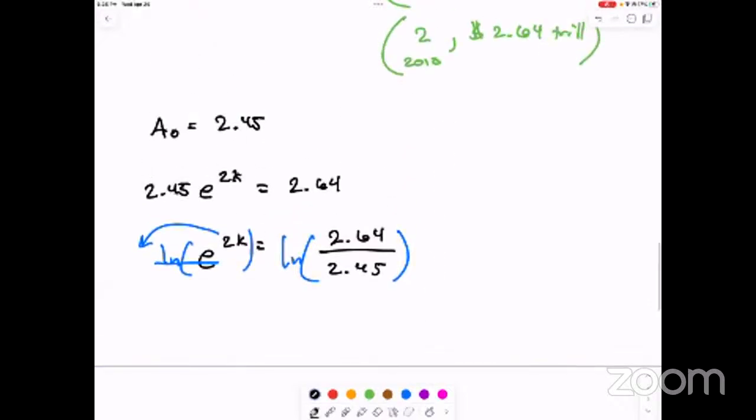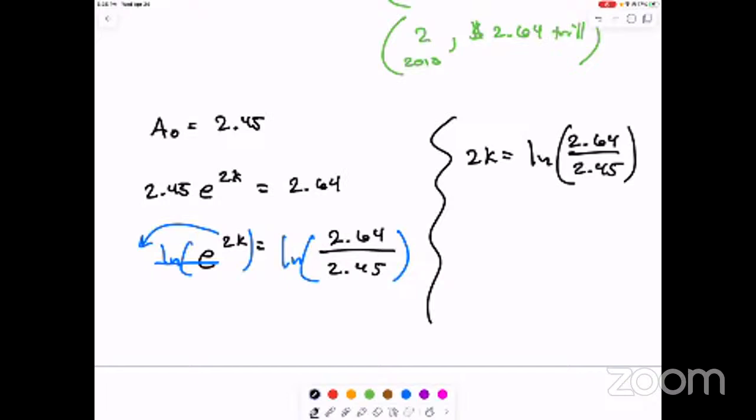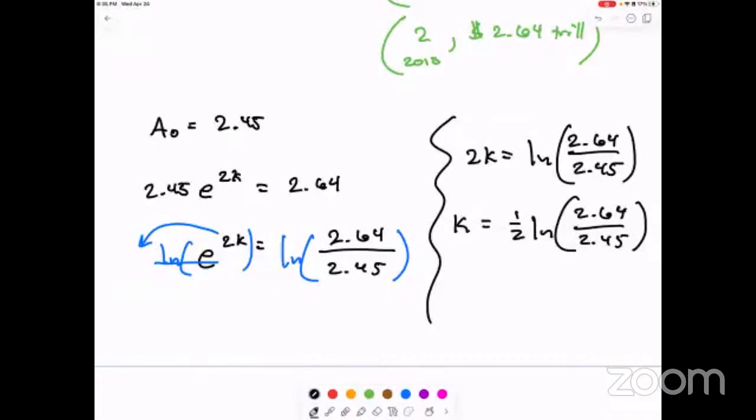So now we have 2k equals the natural log of 2.64 over 2.45. And then we divide both sides by 2. So then the rate should be 1/2 times the natural log of this over this. Now it might be a little off because I think they do crunch some numbers along the way, and I know that does throw things off a bit. So we're going to do the best that we can.